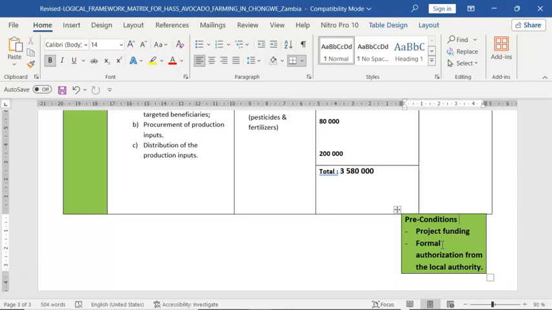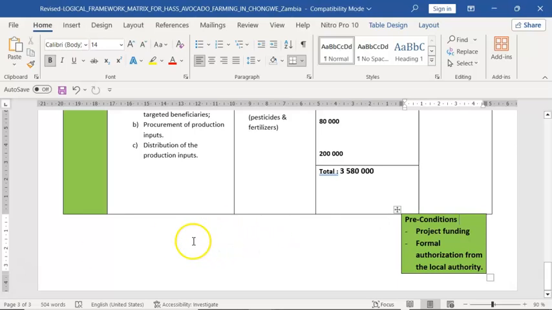Sometimes you also need a formal authorization from the local authority. Of course, obviously, you have informed them of your intention and of your project, but once it's time and you have everything in hand, you will need to start putting things in place, and then you seek the formal authorization from the local authority, and that's it.